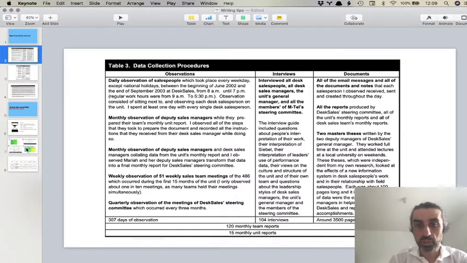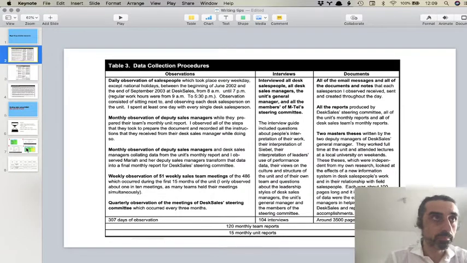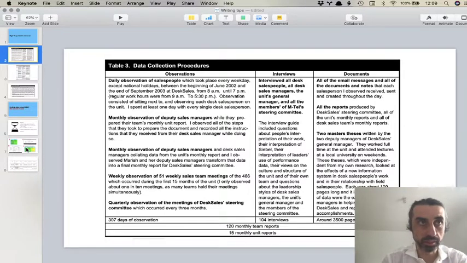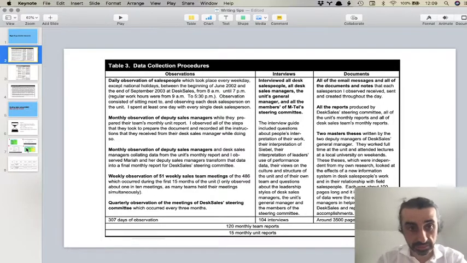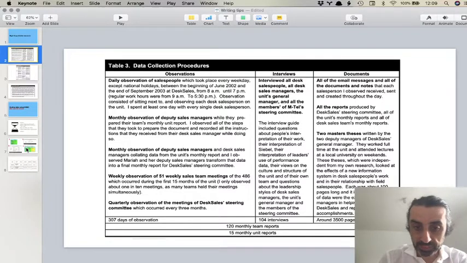Okay, so that's very different from I looked at the reporting process in one sales unit. No, I look at 120 instances of the employee to manager reporting process in this unit, and I looked at 15 instances of the manager to leader reporting process.